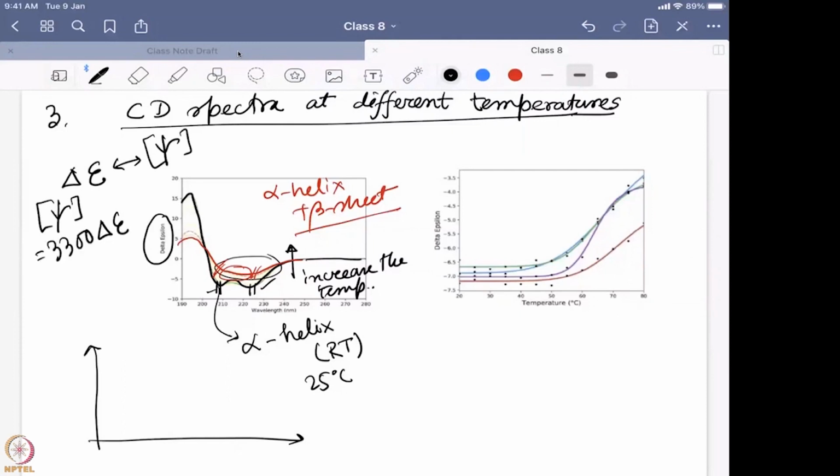Delta epsilon means the difference in the molar extinction coefficient for right-hand and left-hand circularly polarized light. We use delta epsilon because it takes care of the concentration. If I do this experiment in different places with different concentrations, the actual ellipticity values will be different.